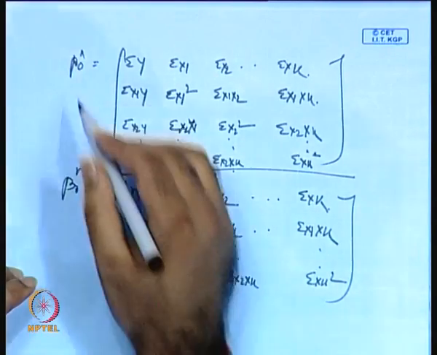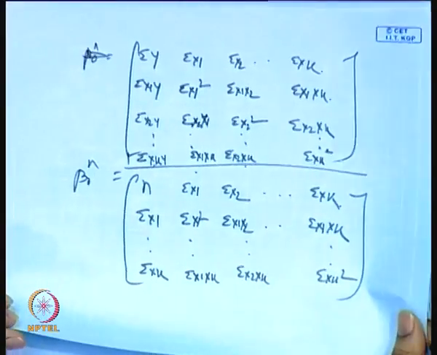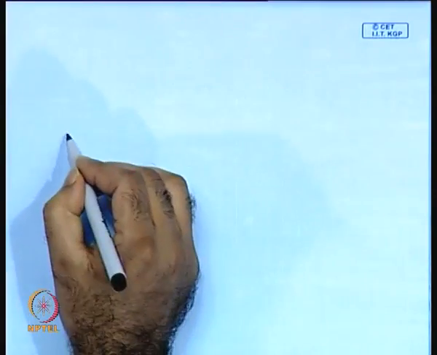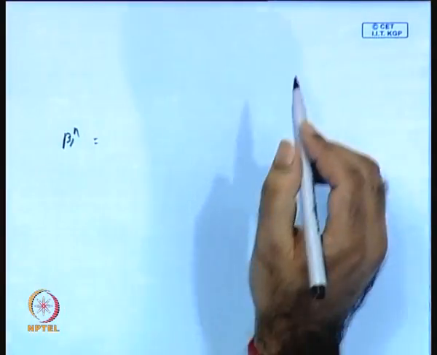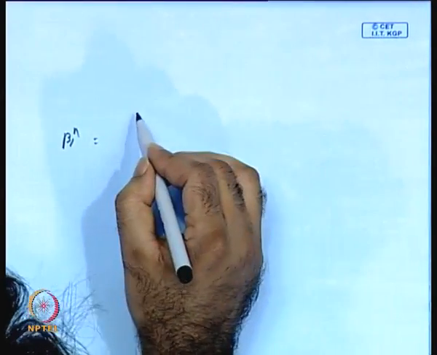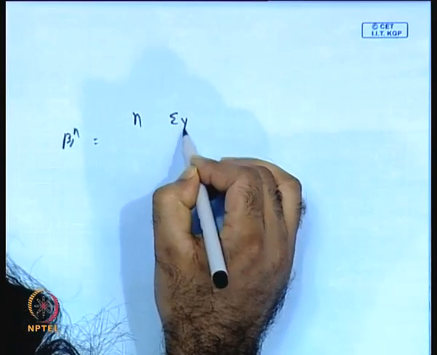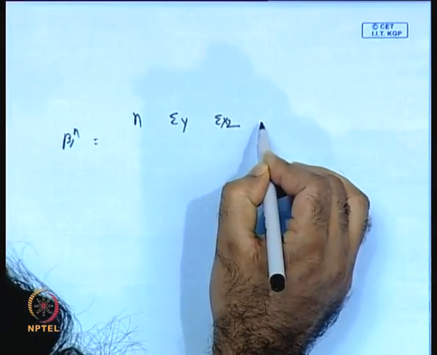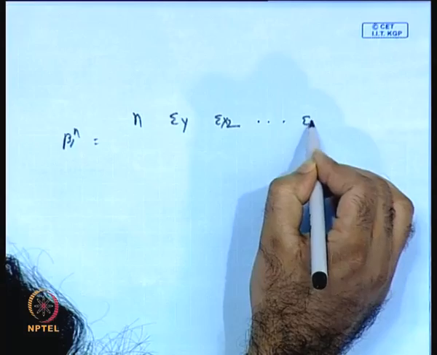Similarly, we can also have beta 1 head. In the case of beta 1 head, we have n, summation y, summation x2, then up to summation xk.